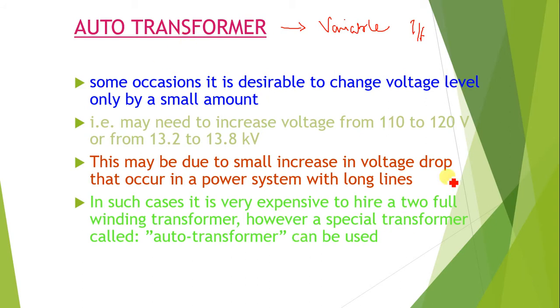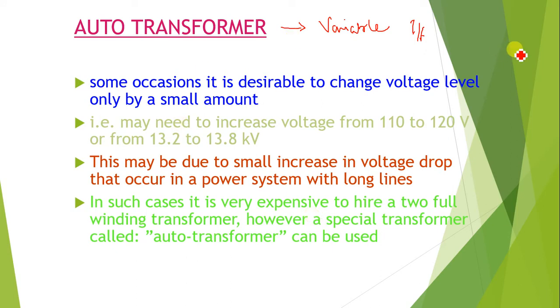We have seen this auto transformer in our experiment, the short circuit and open circuit tests. The input voltage is continuously varied in order to test the efficiency or the performance of the transformer. In such applications we cannot buy different voltage rating transformers.